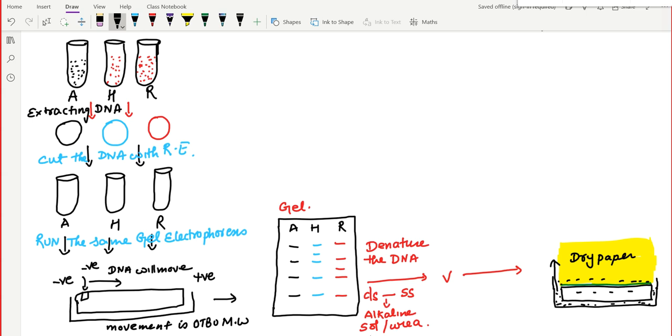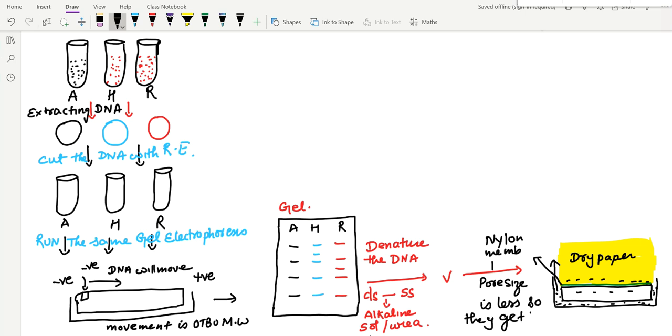But if you see this nylon membrane which we have, its pore size is less. Pore size is less, so they get trapped in the membrane.